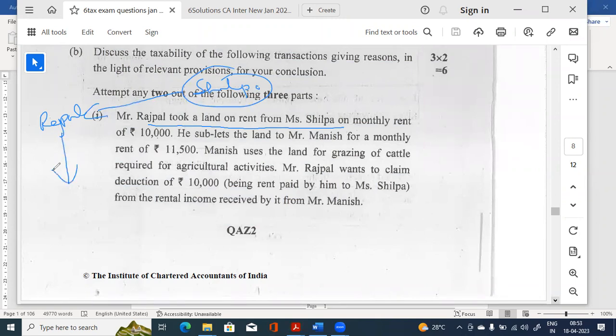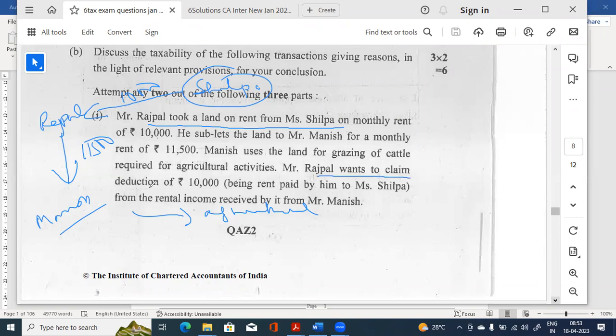He sublets it to Manish. You can write like this in the question, there's no problem, then you will understand the question. Manish pays 11,500, and this was for 10,000. Now Manish is using it for agricultural activity.